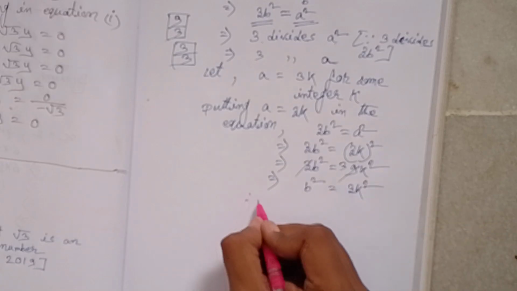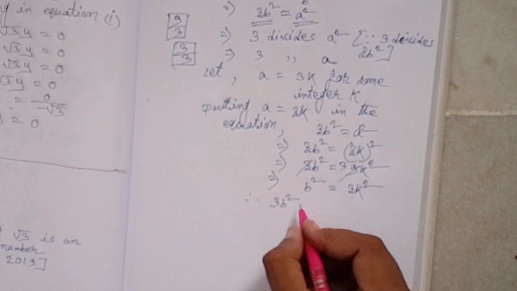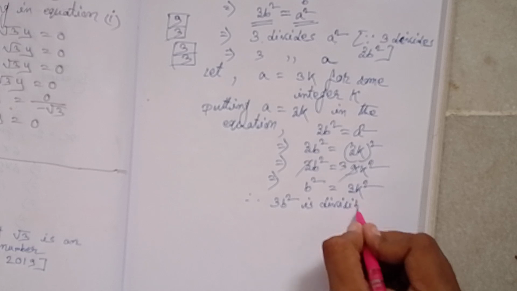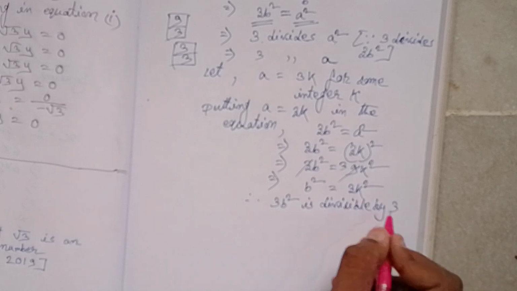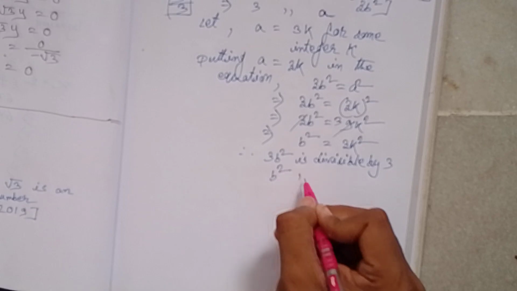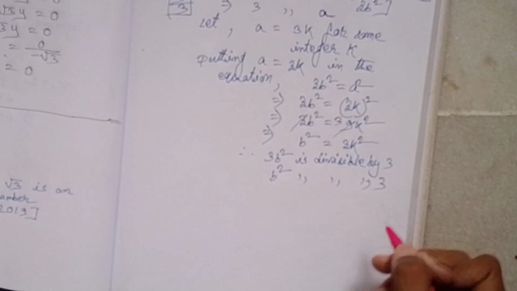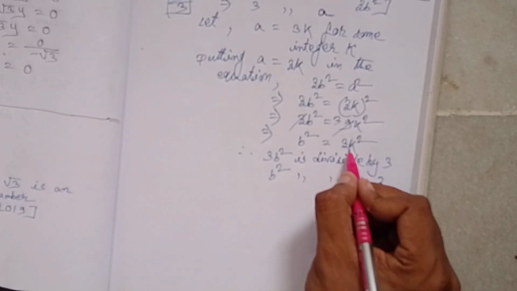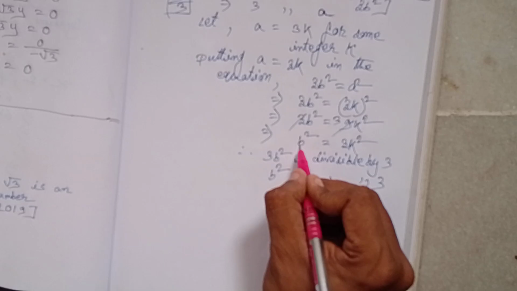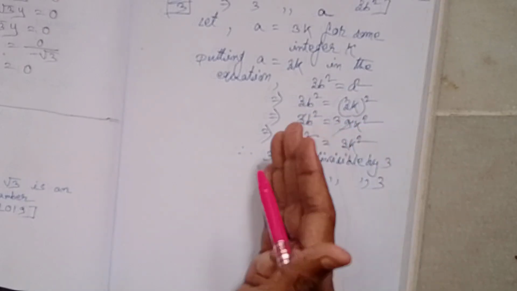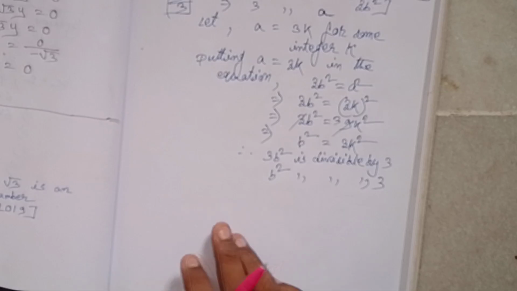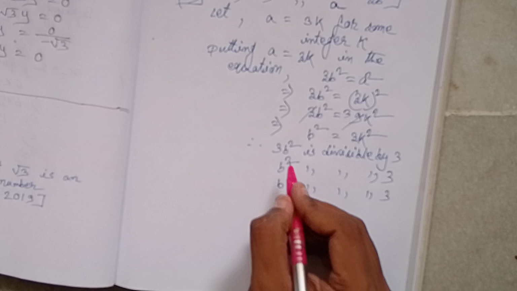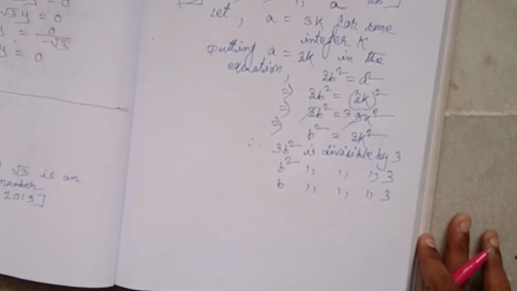Therefore we can say 3b square is divisible by 3, or 3 divides 3b square. b square is also divisible by 3, because 3k square is divisible by 3 as well. b square is also divisible by 3, because both sides are to be divided by the same integer.